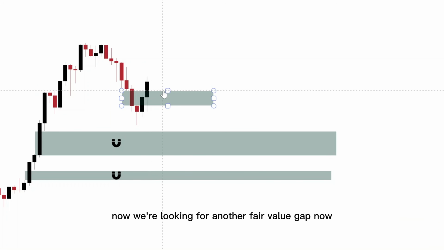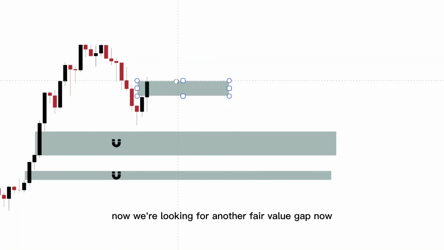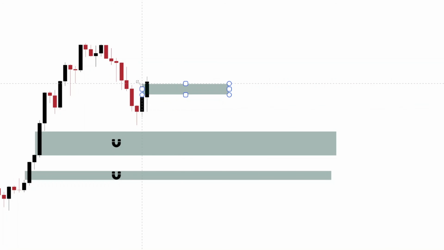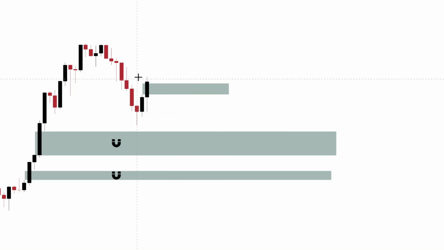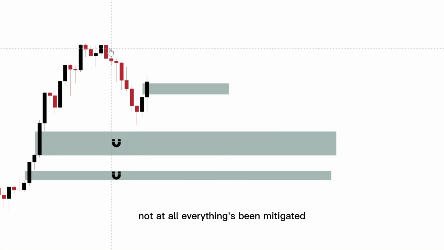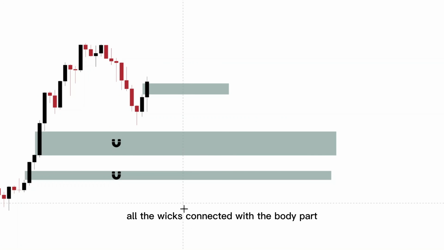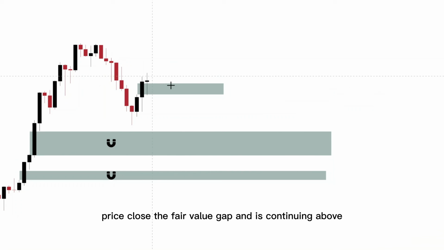Now we're looking for another fair value gap. Look to the left. Do you see any fair value gaps? Not at all. Everything's been mitigated. All the wicks connected with the body part. Price closed the fair value gap and is continuing above.